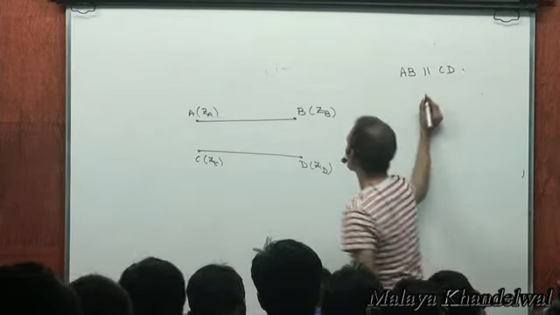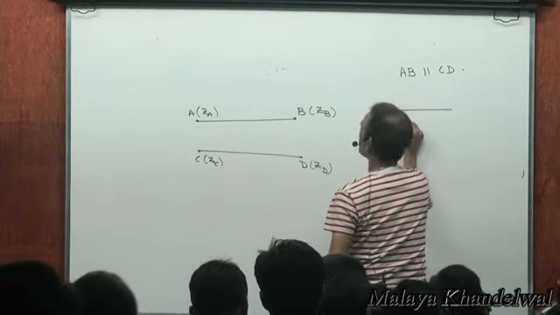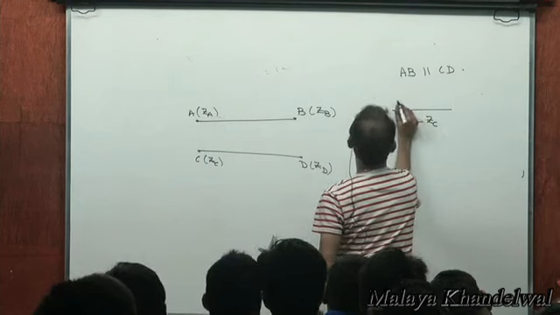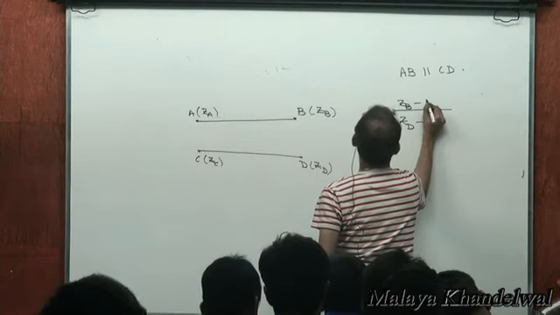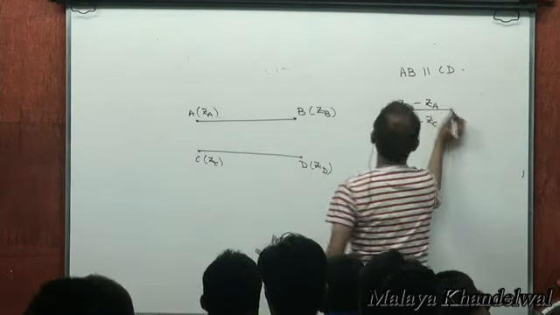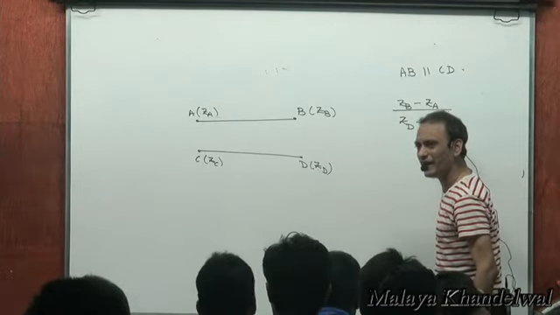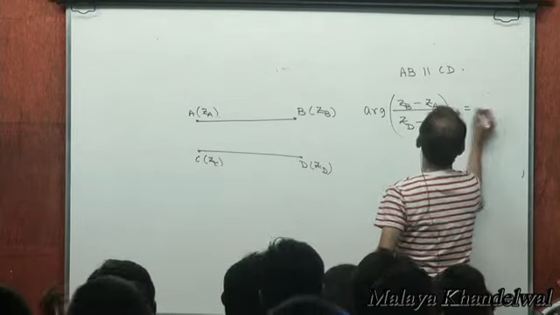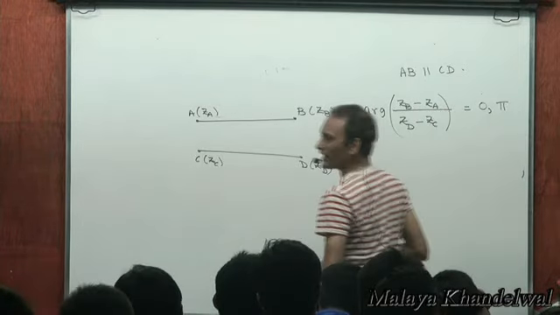That means the amount by which, let's say, the vector ZD minus ZC must be rotated so that it coincides with ZB minus ZA would either be 0 or pi, depending on the orientation. So the argument of this would either be 0 or pi depending on their relative orientation.